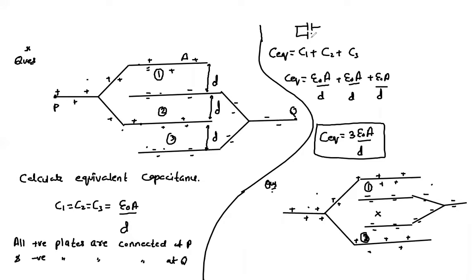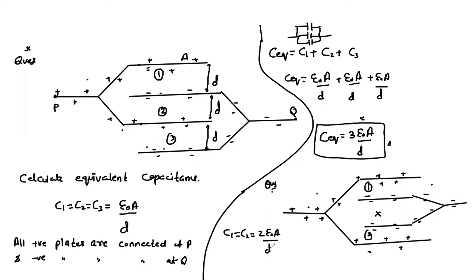This circuit can be simplified as this. So you have this combination, three capacitors connected in parallel. That's why I have written that C equivalent is C1 plus C2 plus C3. Padma, is it clear now? Yes. Sure. In this second question, you just have two capacitors.